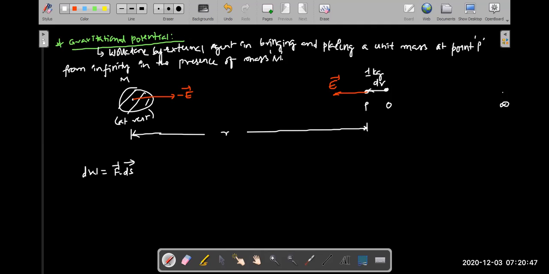Because gravitational force is a conservative force, we can calculate the work done by gravity and say that delta U is equal to negative of the external work, or we can directly calculate the value of the external force. Here let's assume that the external force is towards the right. Let's say this is the value of the external force, F external. If I'm interested in calculating the external work done, we know that external work done is nothing but the negative of the force due to gravity dot ds bar. Is that right?